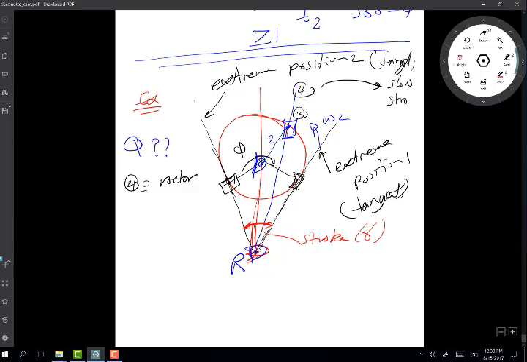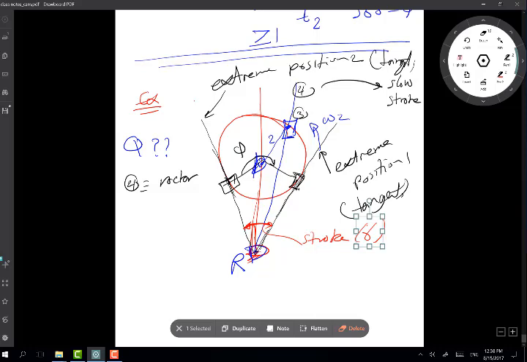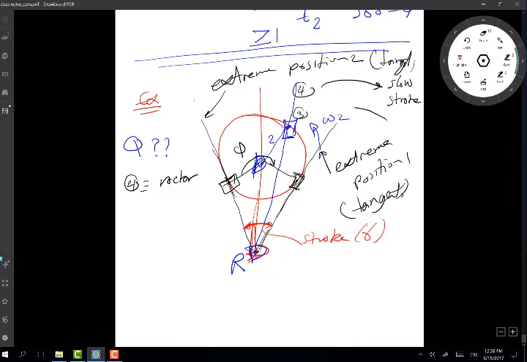Then the fast stroke is coming back. So this is 360 minus phi, and the stroke which corresponds to that is the quick or fast stroke. Time ratio is equal to phi over 360 minus phi.